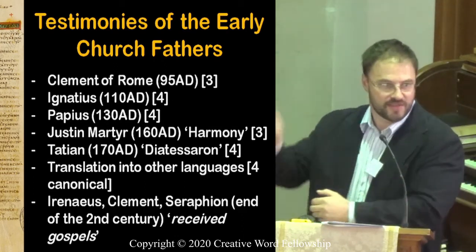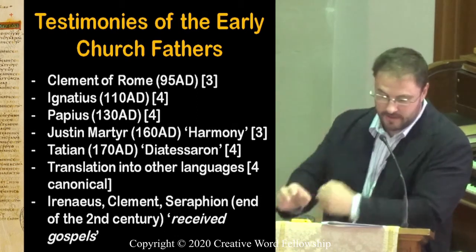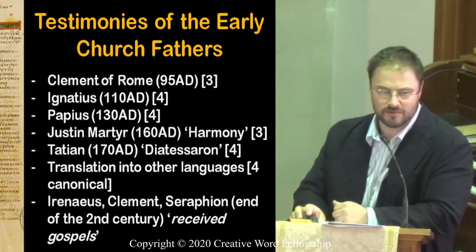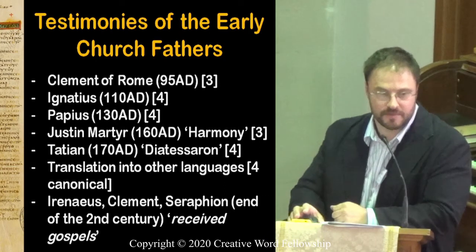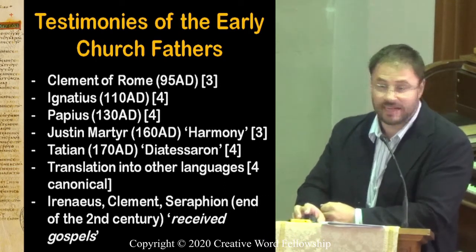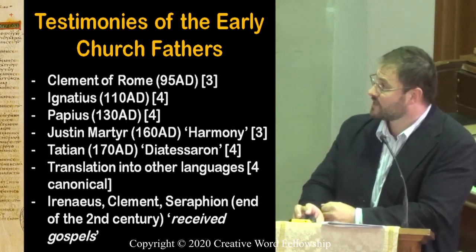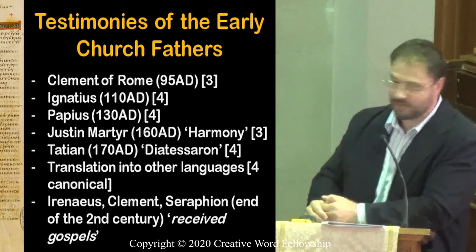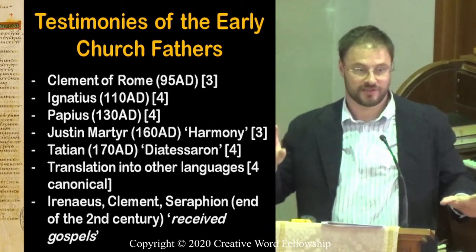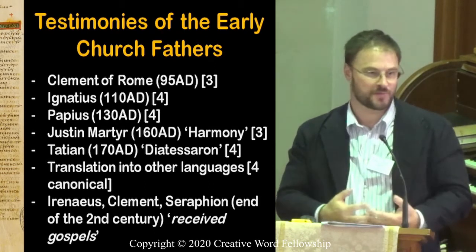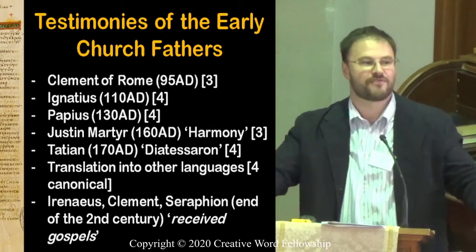What is interesting is that Irenaeus was in Lyon, in the territory of France. Clement was in Alexandria, Egypt. Serapion was in Antioch, in the territory of today's Syria. So they are in very different locations, and they all speak about these 4 Gospels as those which we have received.